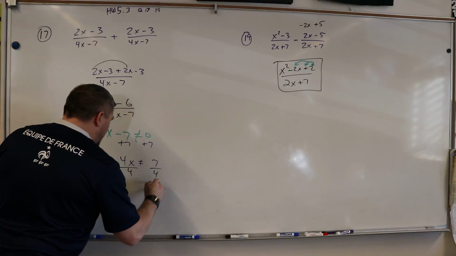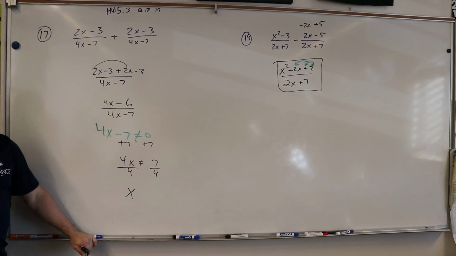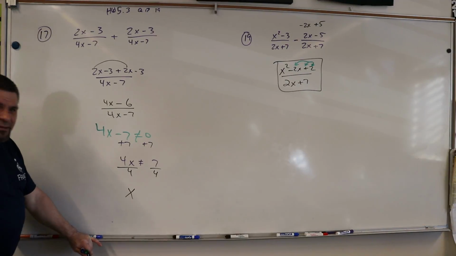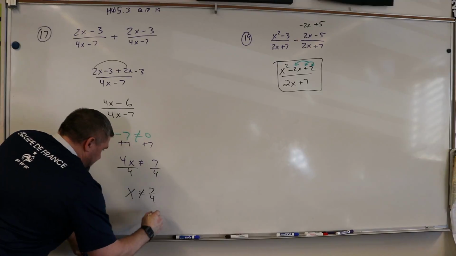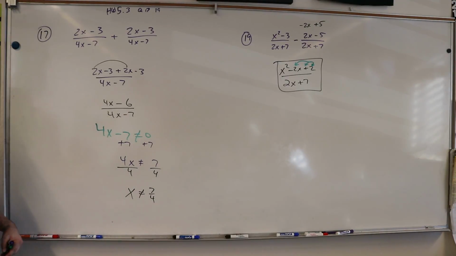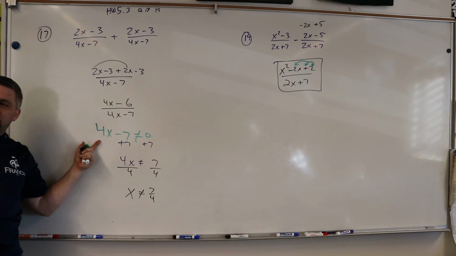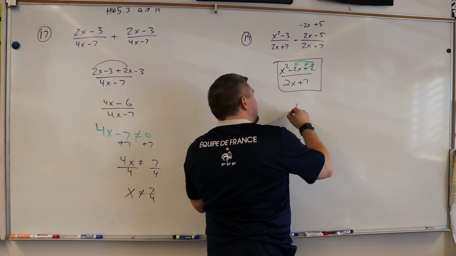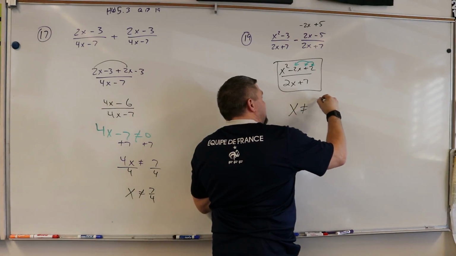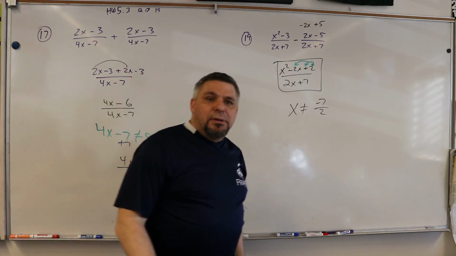And that's how I came up with that 7/4. Did I say 4/7 before? Probably did, huh? But it's 7/4. X cannot be 7/4. Okay? And what it is, it's always the opposite over this. Always.